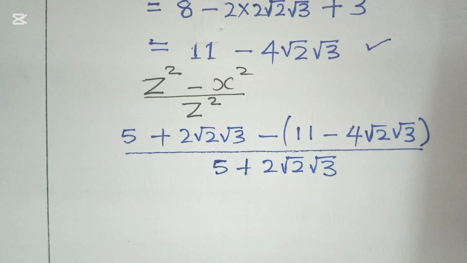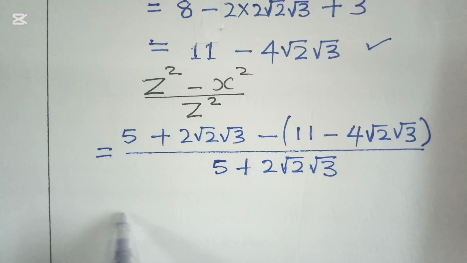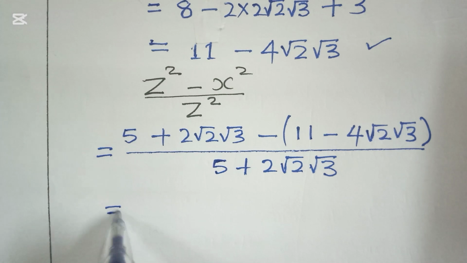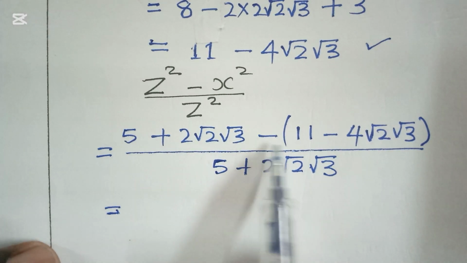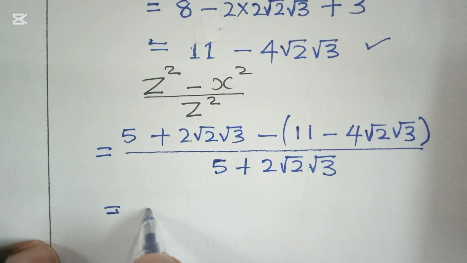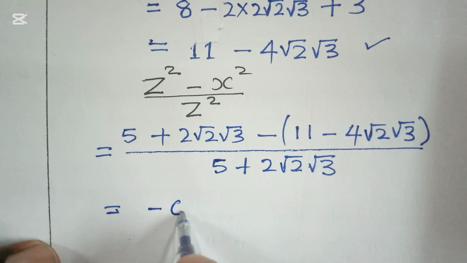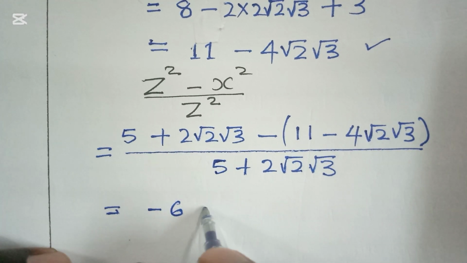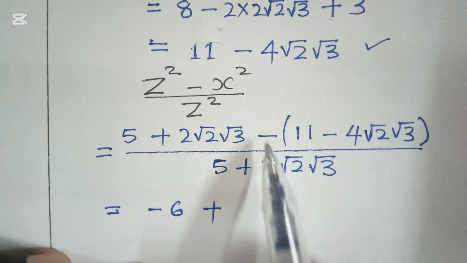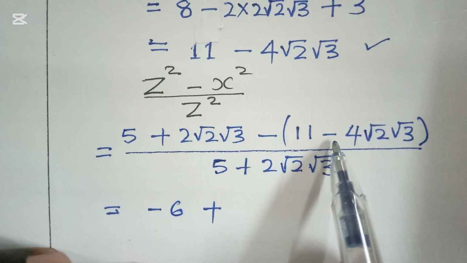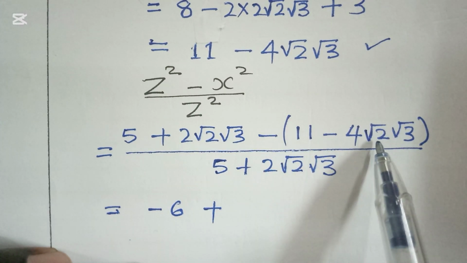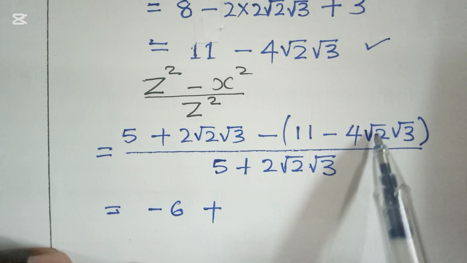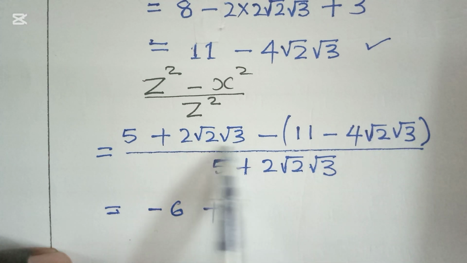Guys, now we evaluate that. So this is now going to give us 5 minus 11, that gives us minus 6. Then plus, guys, as you can see, this negative will cause this one to be plus. And if you look at this, the square root of 2 and square root of 3 is the same here.